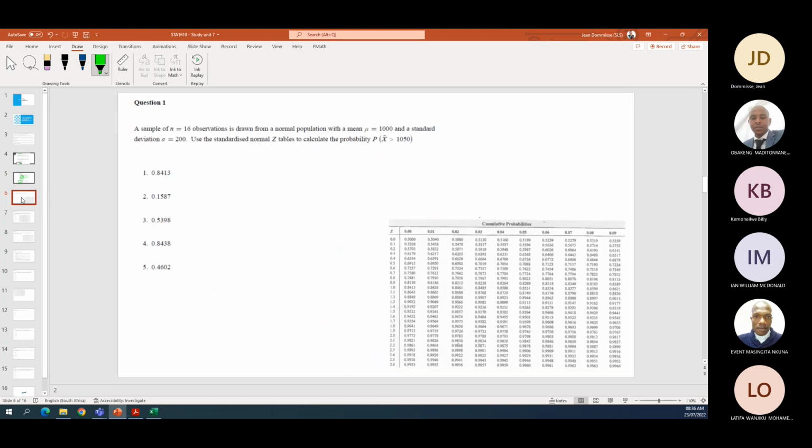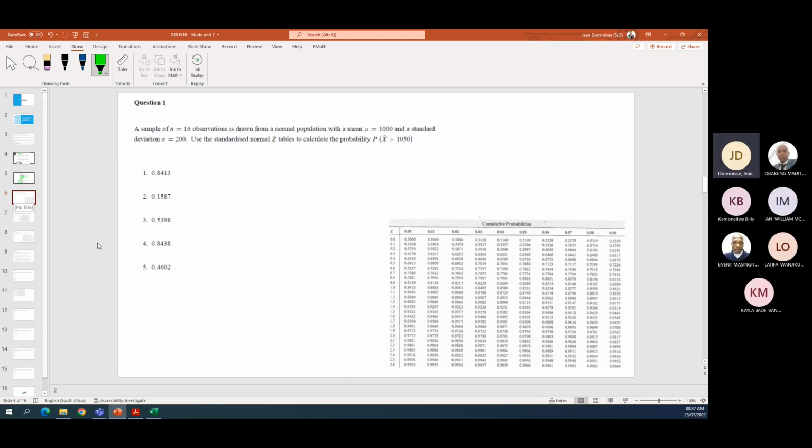Okay, so let's go into what we need to do. Again, we have a set of questions and examples that will be very similar to what you will have in your assignments and in your exam paper at the end of the year. So let's look at the questions, what they give us, how we can identify what we need to do.